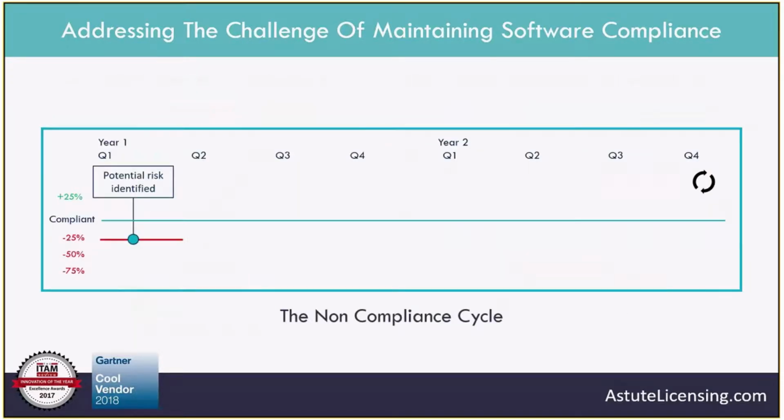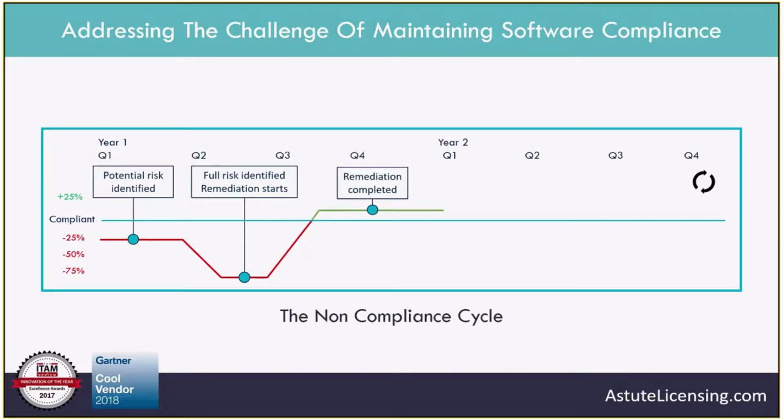So really how this plays out, and how organizations feel the pain of this, is that they might invest in software asset management, and in the first day they think they have a risk, they go and buy some software asset management tools and they help get full visibility of the problem, which is often worse than we originally thought. Then a project will take place to get that product compliant.